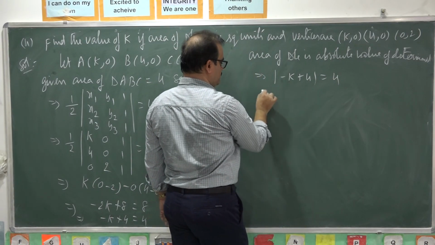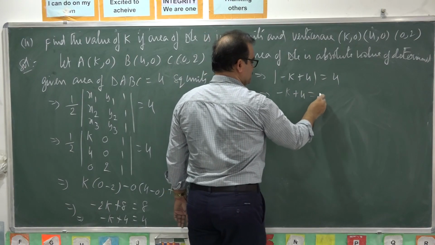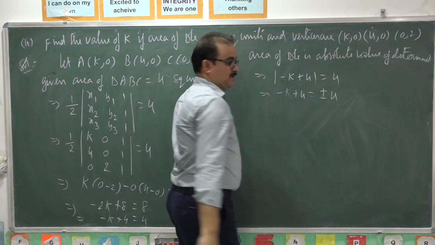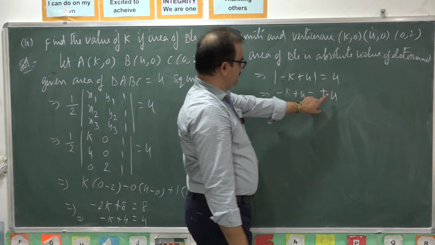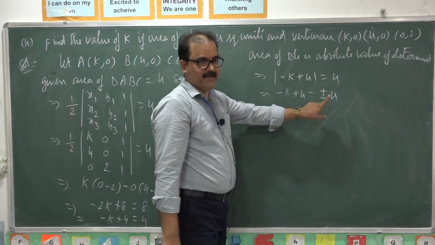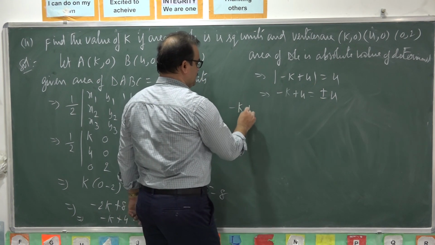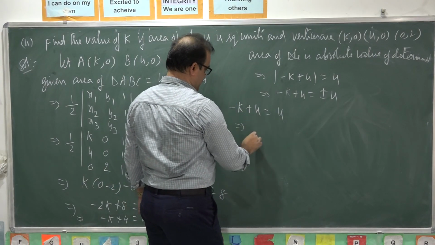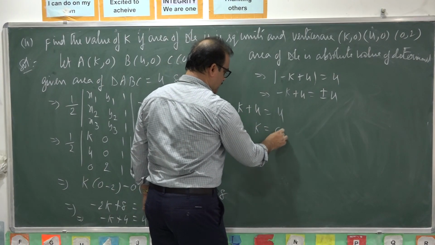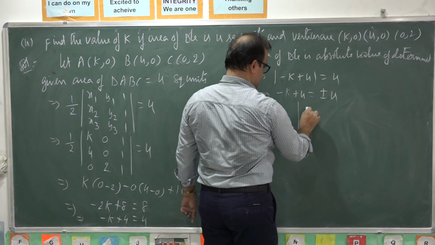If you remove the modulus in LHS, what we get? Minus k plus 4 is equal to plus or minus 4. Now we take plus 4 and we take minus 4 both. Minus k plus 4 is equal to plus 4. That implies k value is 0. We take the minus sign.